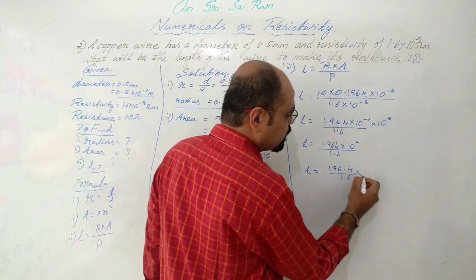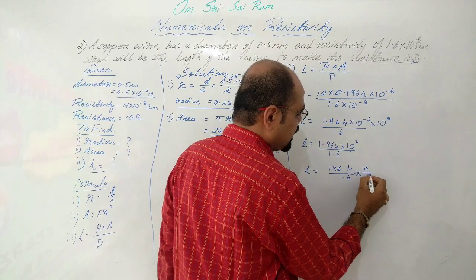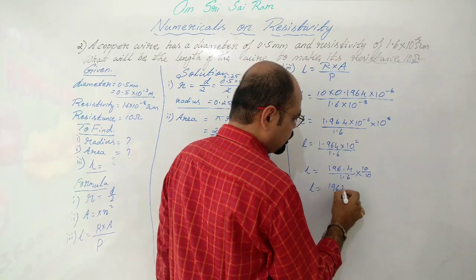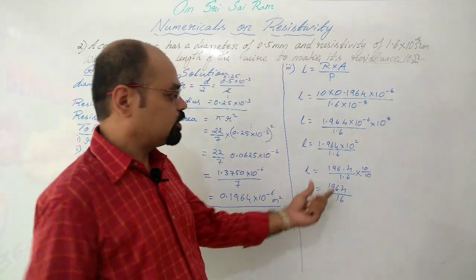Now to remove the decimal of the denominator, let's multiply by 10 again. We get length equal to 1964 divided by 16.